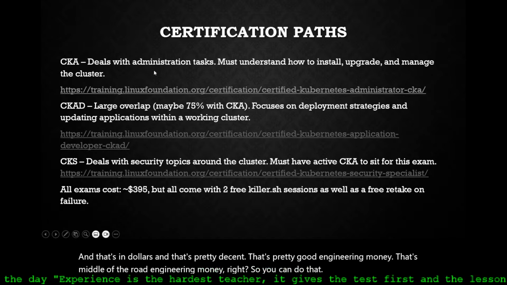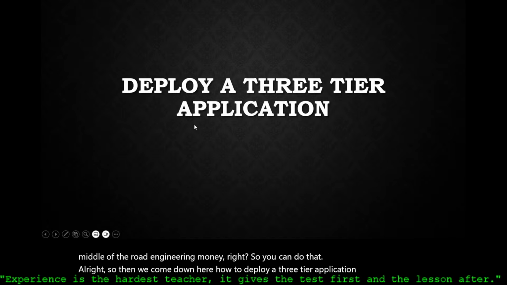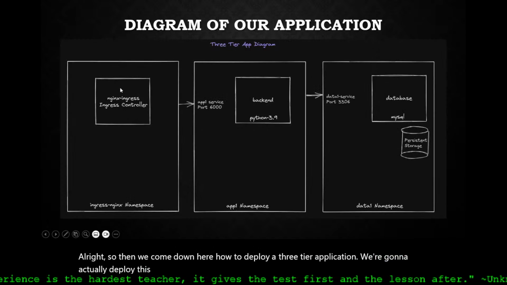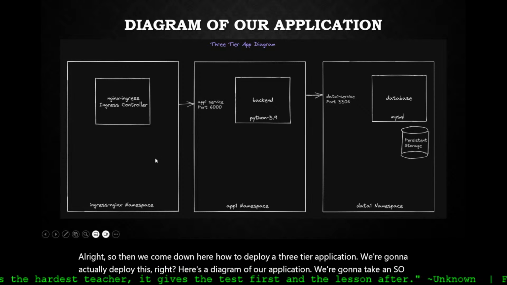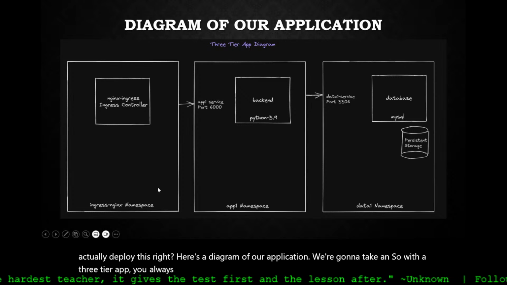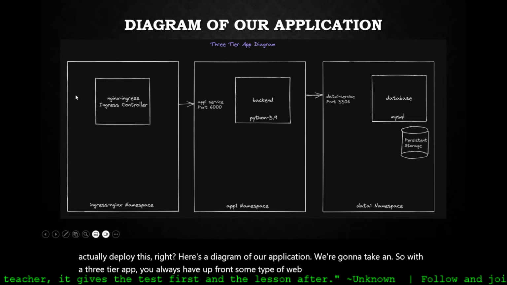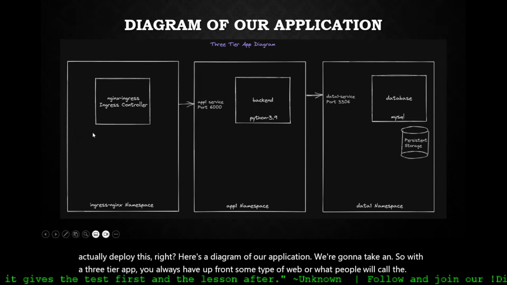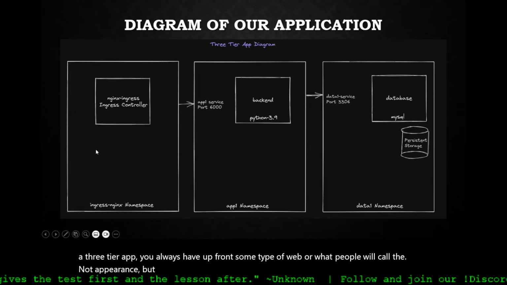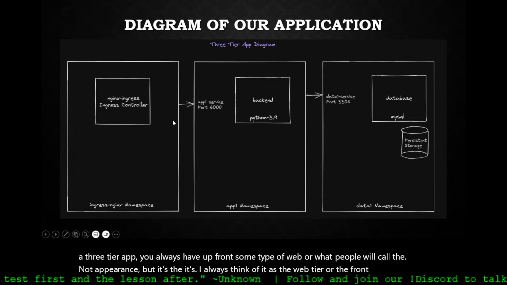All right. So then we come down here: how to deploy a 3-tier application. We're going to actually deploy this, right? Here's a diagram of our application. With a 3-tier app, you always have up front some type of web tier, or what some people will call the front-end tier.